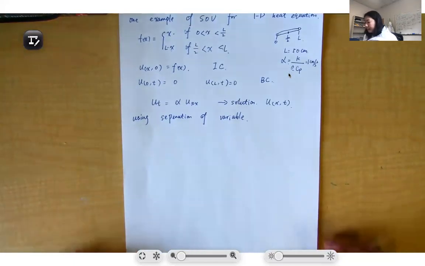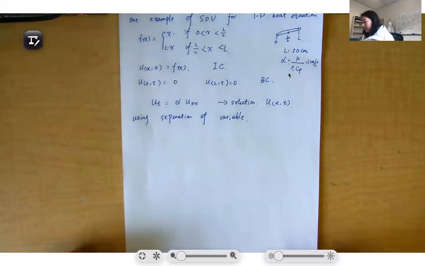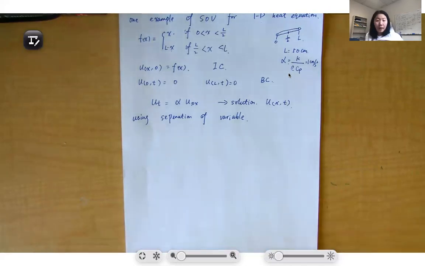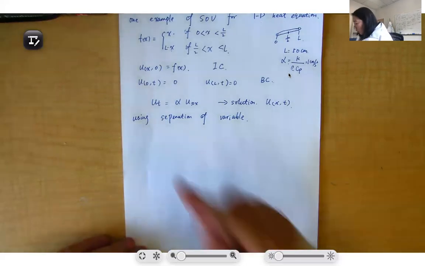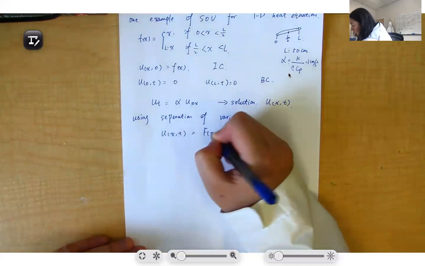As we said, the first step for separation of variables is to separate two functions. One function is a function of time, one function is a function of space, and their product will be the temperature distribution as a function of space and time. So u(x,t) equals f(x) g(t).